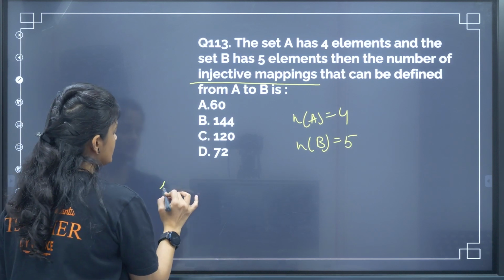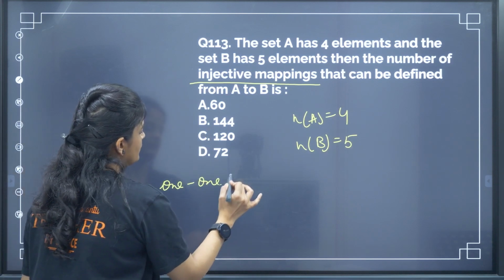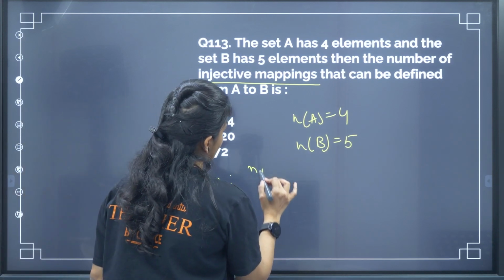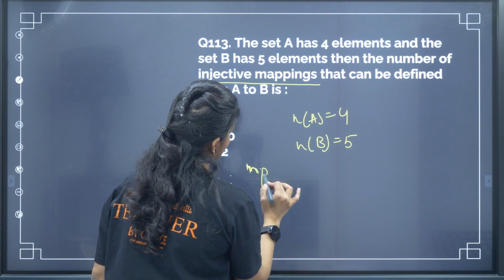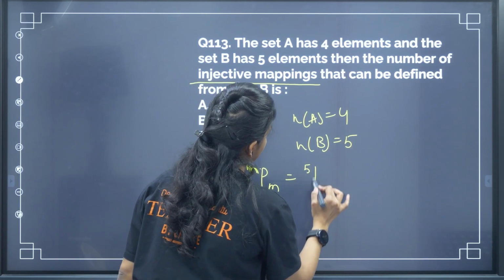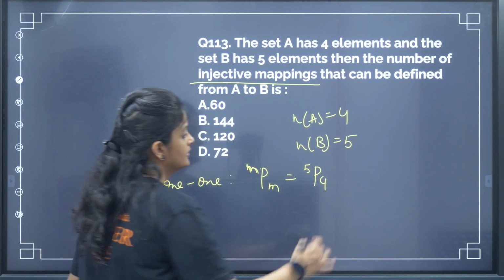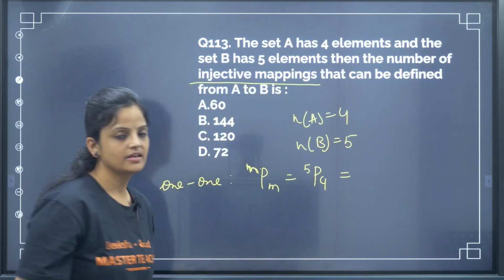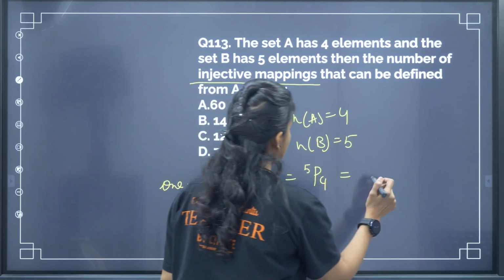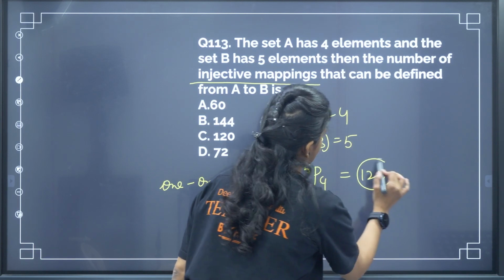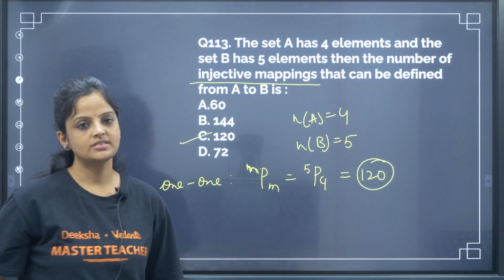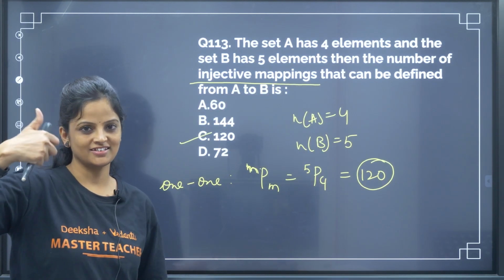Injective is one-one. One-one function means we have nPm. So I have 5P4, right? The second one is 5, the first one is given, set A has 4 elements. So 5P4 will give you 120. Option C is your answer, isn't it?